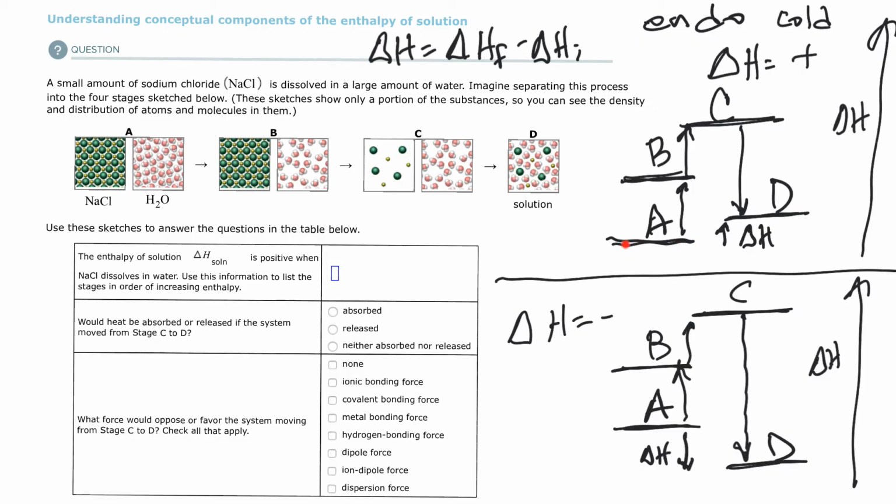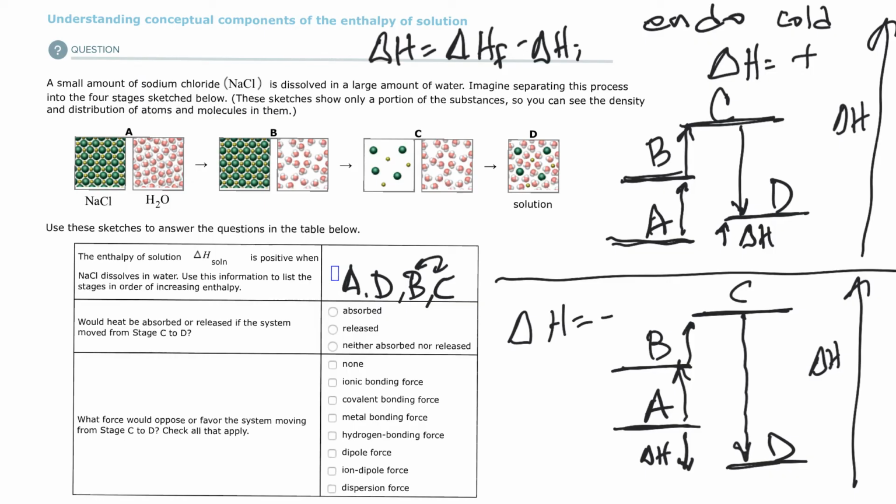Well, the lowest is A. So I'm going to put A first. The next highest is D. So I'm going to put D next. The next highest is B. And then the last highest is C. And I'm going to say that B and C can be either way, because you could open up the ions first and then open up the solvent, or you could open up the solvent first and then open up the ions.